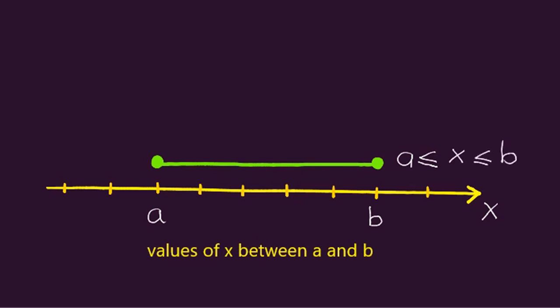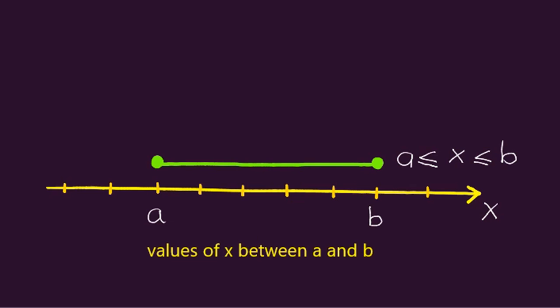This inequality represents values of X that are between A and B, and since the circles are shaded on A and on B, that means that the values of A and B are included as well.